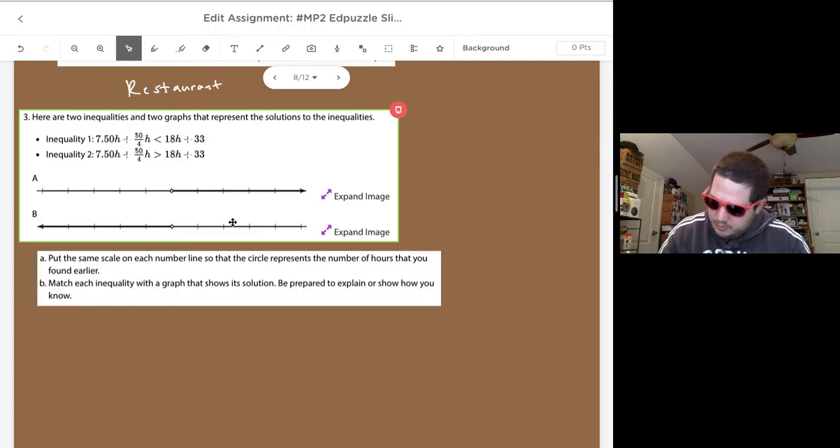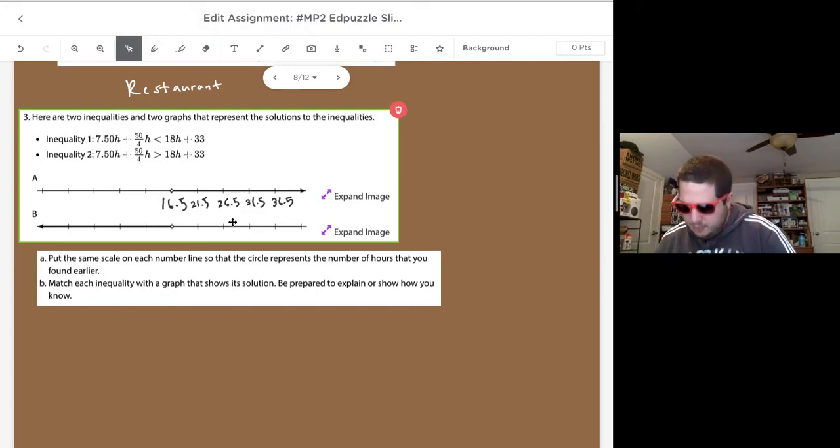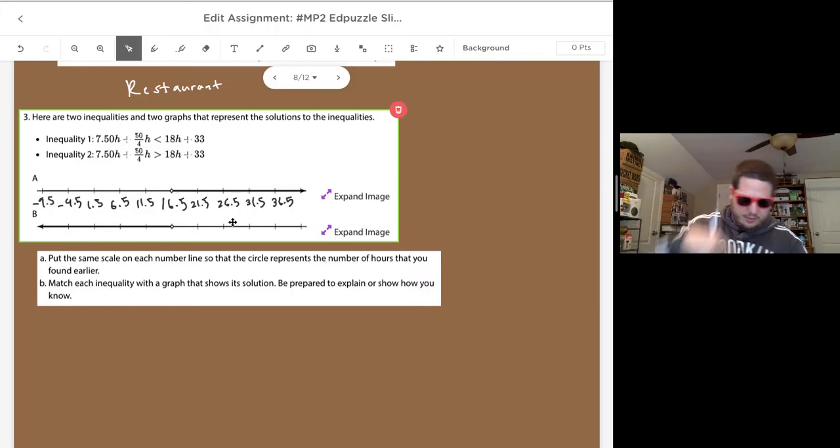I guess we'll do the scale a little differently than before. We'll go up by 5s: 21.5, 26.5, 31.5, and 36.5. And then we'll go down: 11.5, 6.5, negative 4.5, negative 9.5. And we'll just say the scale is the same for both of those.